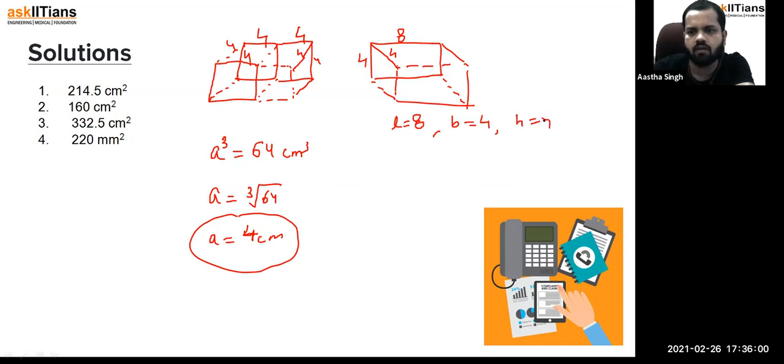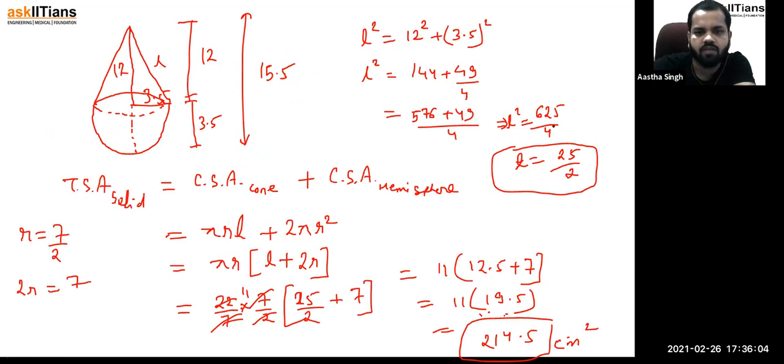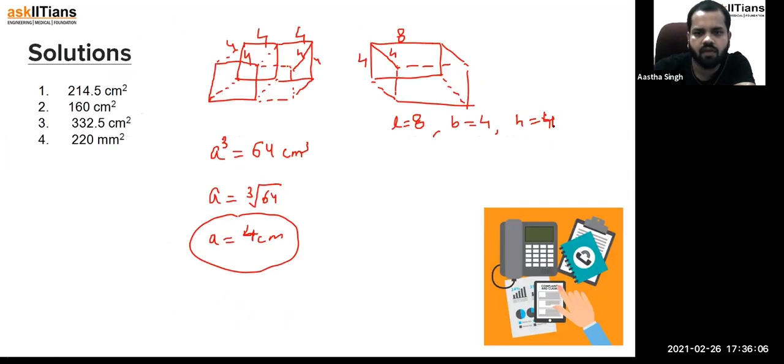Now just look at what the question is saying. Find the surface area of the resulting cuboid. So it is basically asking for the total surface area of the cuboid, which is equal to 2 times (LB plus BH plus HL).